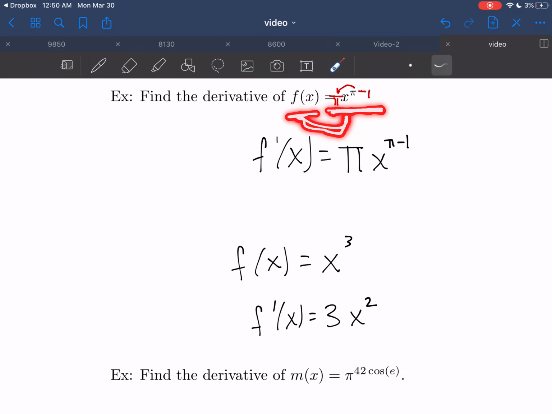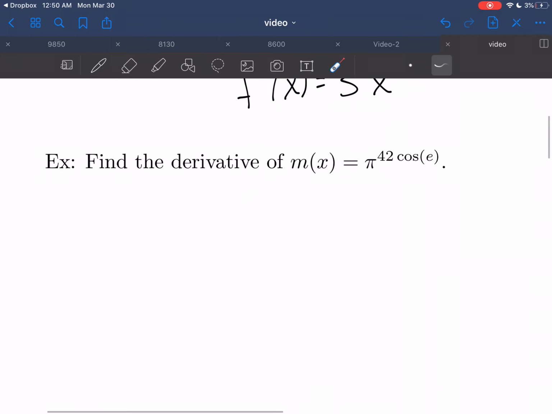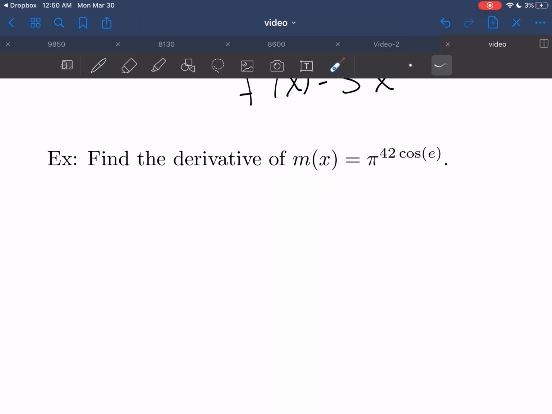If we look at this example, we've got m of x, and we've got a power here, so you might want to say, hey, power rule, but what do you have to check first? What this is, is pi to some power. There's no x in there at all, so that's going to say use the constant rule.